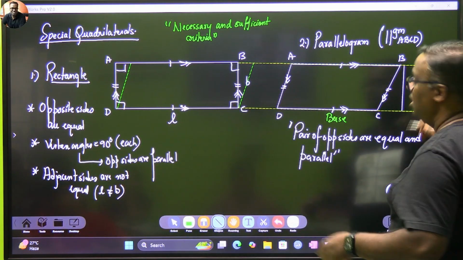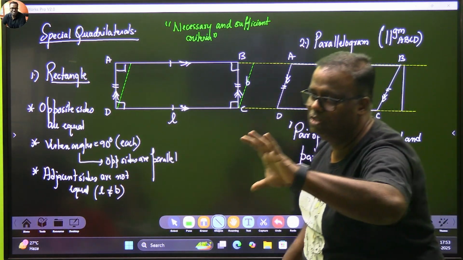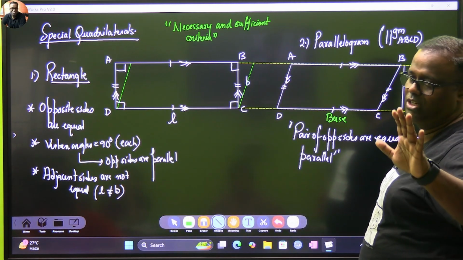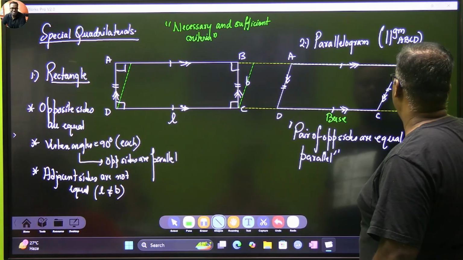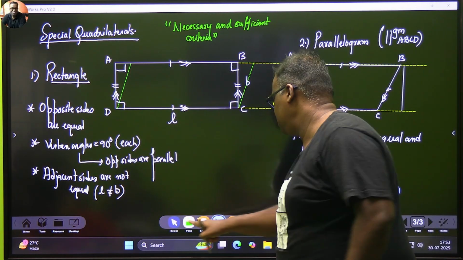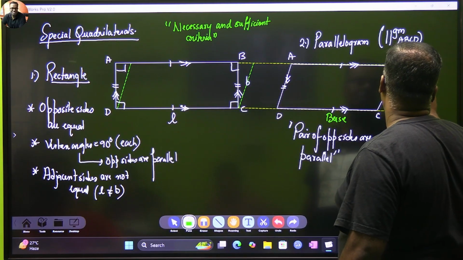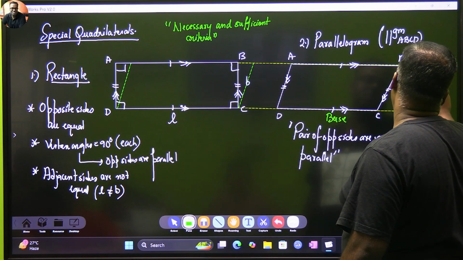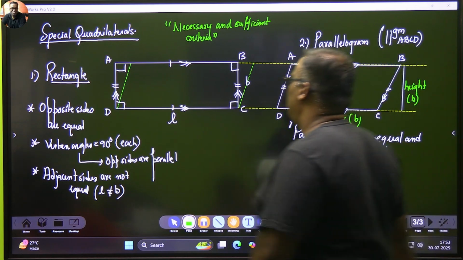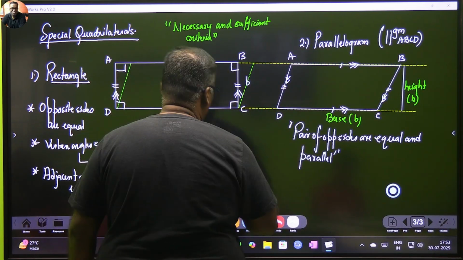So don't ever try to think that height always needs to be inside the figure. No, no, no. Height can be anywhere outside also. So this is known as my height. And the height is represented with H. Base is represented with B. Now comes the question of how we compute area.